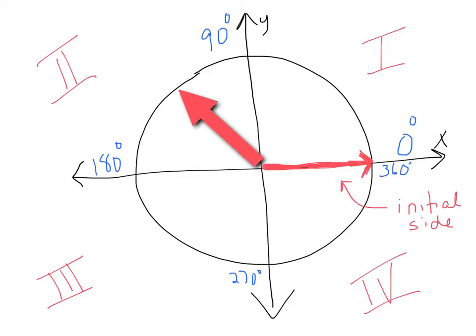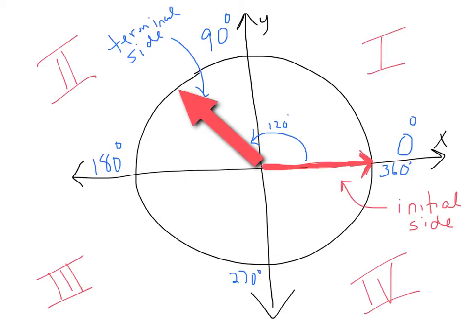So this now is called my terminal side. The terminal side is where the angle of rotation stops or terminates. And I could write a little rotational arrow here to say 120 degrees.